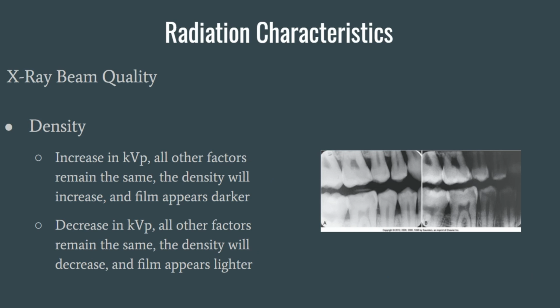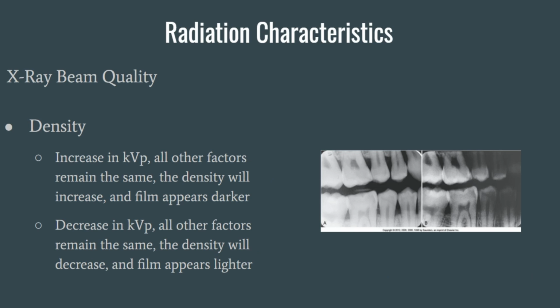So X-ray beam quality is controlled by kVp. So the quality controls density. Density, again, is the overall darkness of the film. If we increase kVp, so we've been saying if we change any of these factors, the image is going to change.